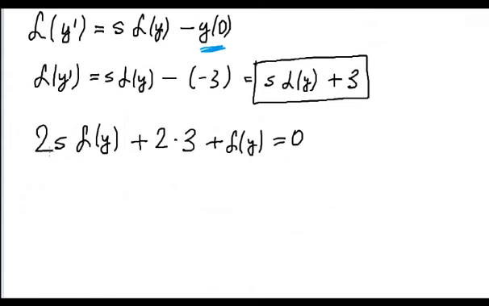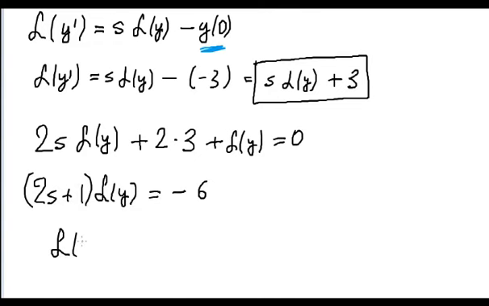And so at this point, in this equality, what we want to do is to group L of y's together so that eventually we can solve the equation and express L of y as some expression of s. Okay, proceeding with that, 2s plus 1 times L of y must be equal to minus 6.